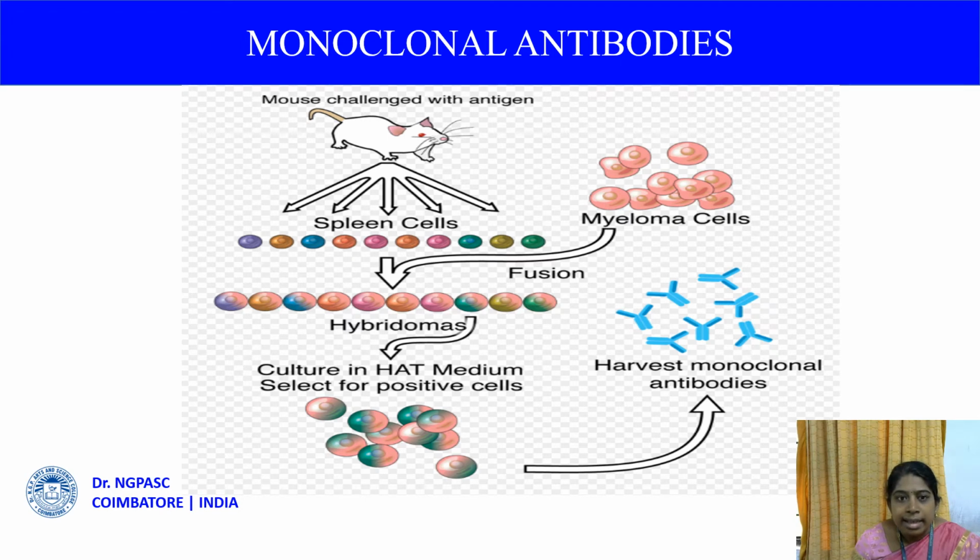Here is the diagram which shows how the mice are immunized with a particular antigen, and as a result the antibodies are produced. Once the production of antibodies is confirmed, the spleen is isolated, the spleen cells are isolated and fused with the myeloma cells, and these fused hybridomas are cultured in a HAT medium and selected for the positive cells.